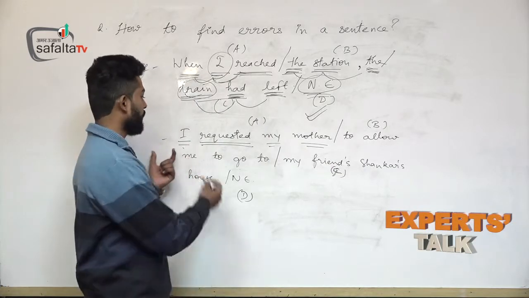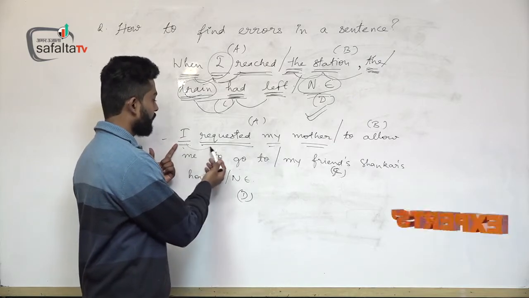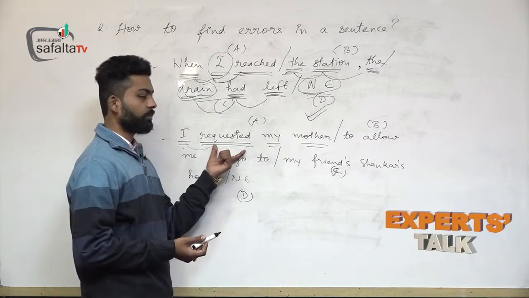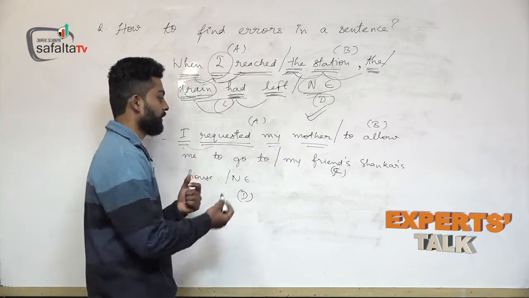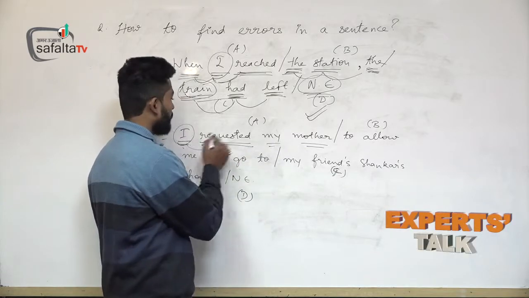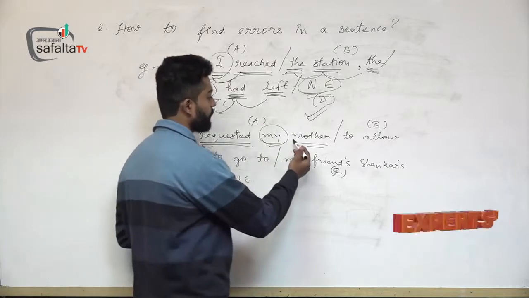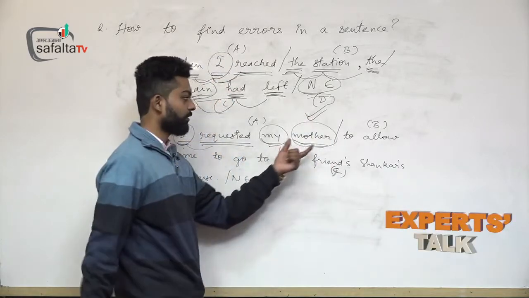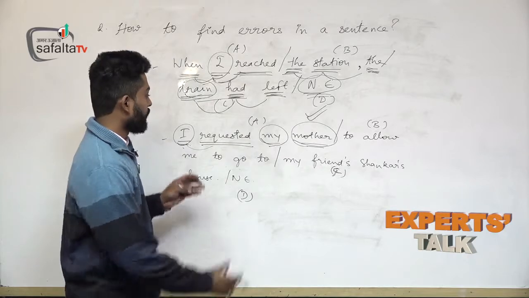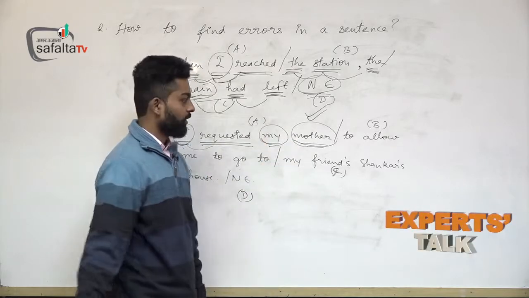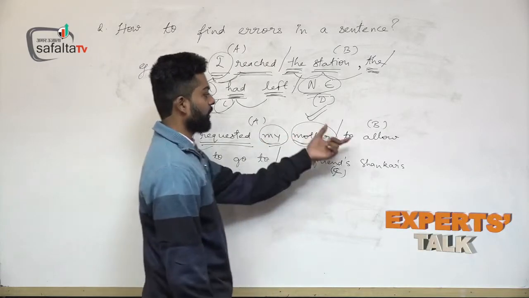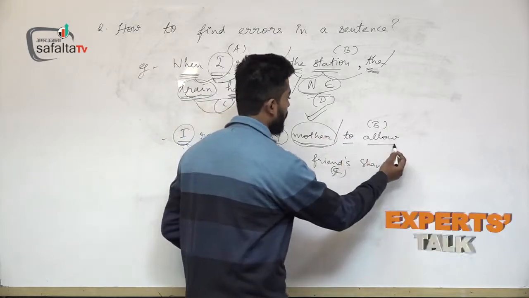When you see that after I, the correct form of verb is used, then according to I the correct pronoun my is used, and the person for whom my is used is mother.